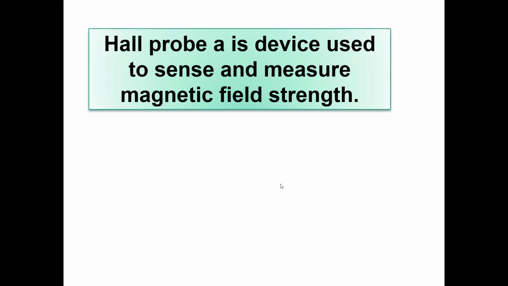So the Hall probe was invented because the Hall effect was there. Hall effect was creating voltage, and voltage is something which can be taken on a meter. So they thought that by using a voltmeter, we can calibrate a magnetic field. Hall probe is a device used to sense and measure magnetic field strength.